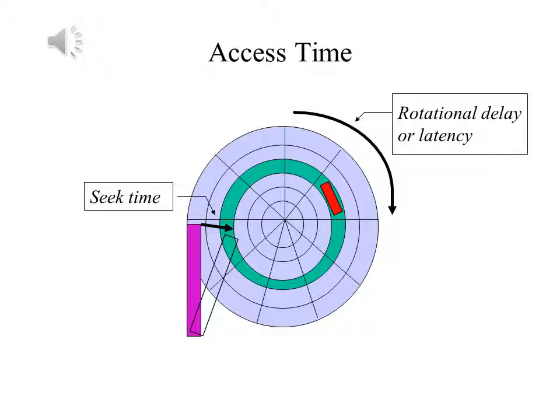Of these three, the one that we can exercise the greatest degree of control over is the seek time. By scheduling the various operations in such a way that we minimize the amount of time that the read-write head spends moving, we can increase the amount of data that we can transfer in any given period of time.